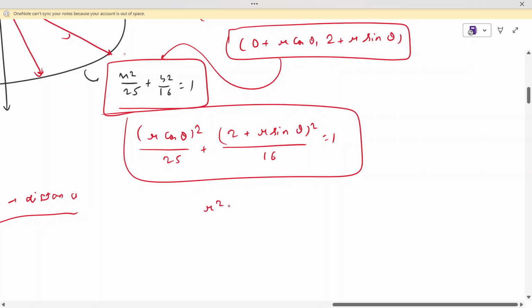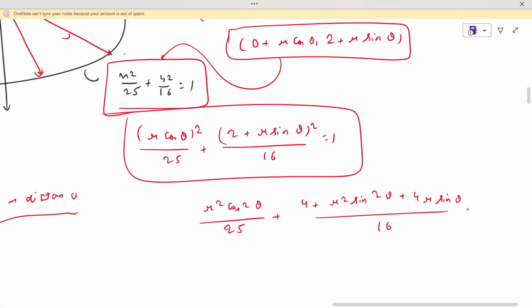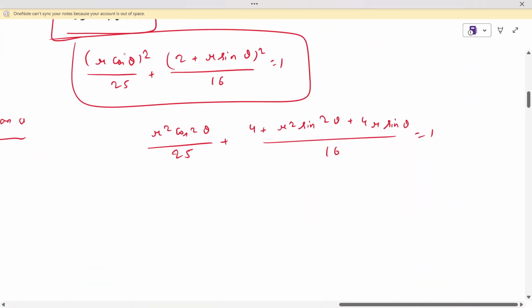So this is r square cos square theta by 25 plus 4 plus r square sin square theta plus 4r sin theta upon 16 should be equal to 1. Now I have to focus on the r only.